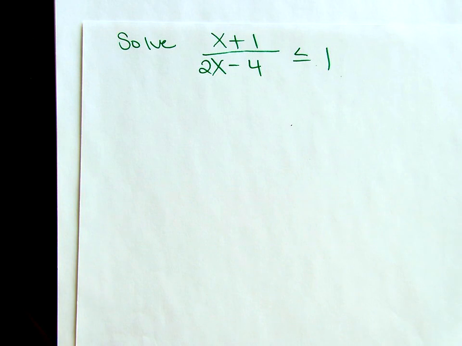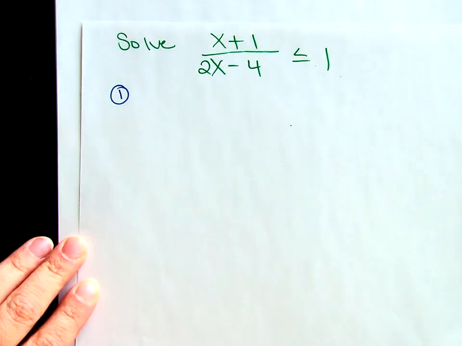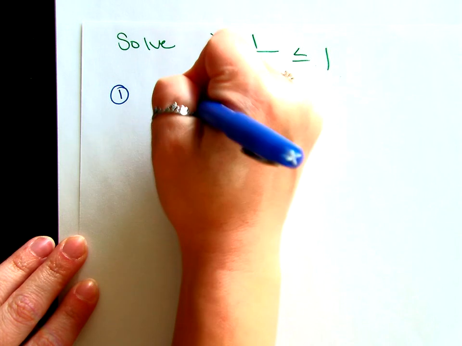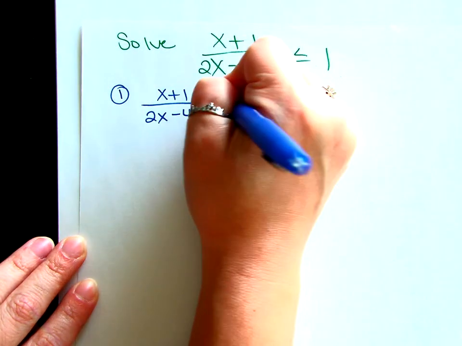Solve x plus 1 all over 2x minus 4 is less than or equal to 1. It's a nice one to end on because this one requires us to do every step. It's not by itself yet, so we're going to subtract that 1 over, so that we have x plus 1 over 2x minus 4 minus 1 is less than or equal to 0.